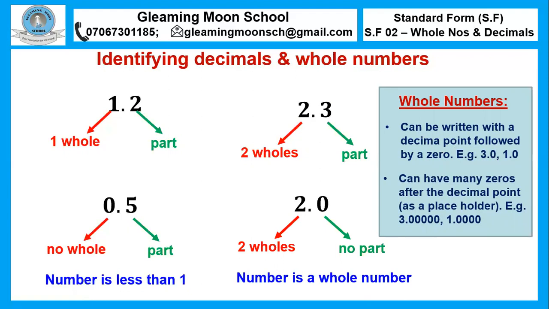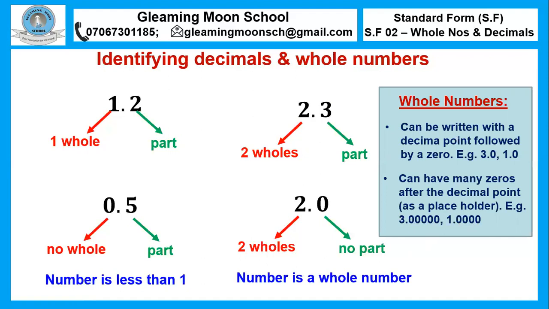Those zeros are called placeholders. I will talk about placeholders later on in the video. So for example, 3.00000, it doesn't matter how many zeros you put at the end, it is still 3. 1.0000, it doesn't matter the number of zeros you put there, it is still 1.